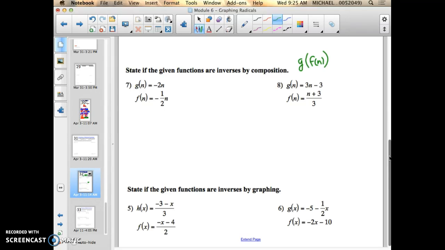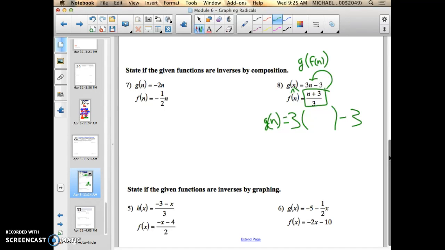Meaning that f of n is going to go inside of g of n. So I'm going to write g of n here: 3, the variable n, I'm going to replace with parentheses, all right? And I'm going to make them big because this entire piece has to go into that n. So 3 times the parentheses and then minus 3.